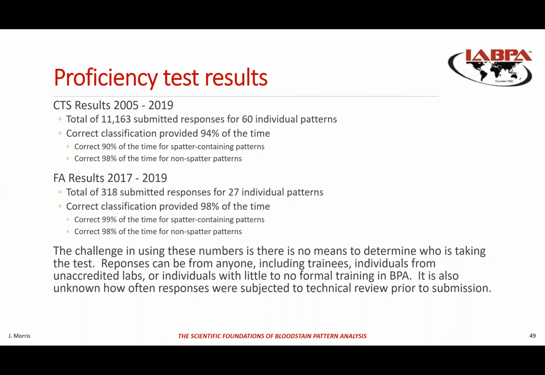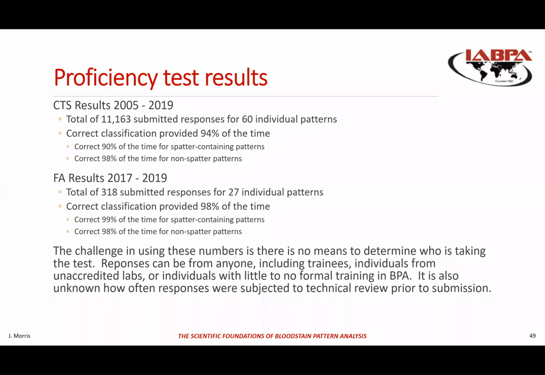Now, if we break that down into spatter-producing patterns and non-spatter-producing patterns, we get a little more information. For spatter-containing patterns, the correct conclusion was provided 90% of the time. If it was a non-spatter-producing pattern, that correct conclusion was provided 98% of the time.